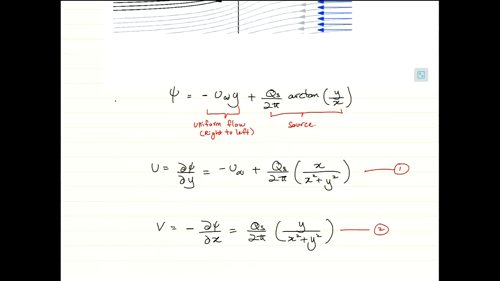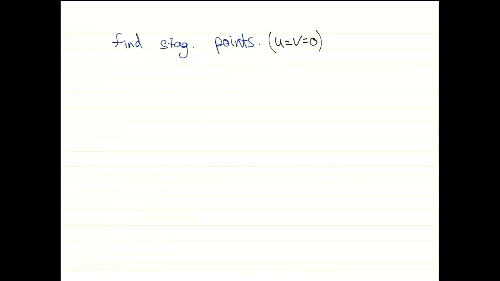Okay, so we have our velocities now. So the next step is to find our stagnation point, and our stagnation point means our velocities u and v are 0.